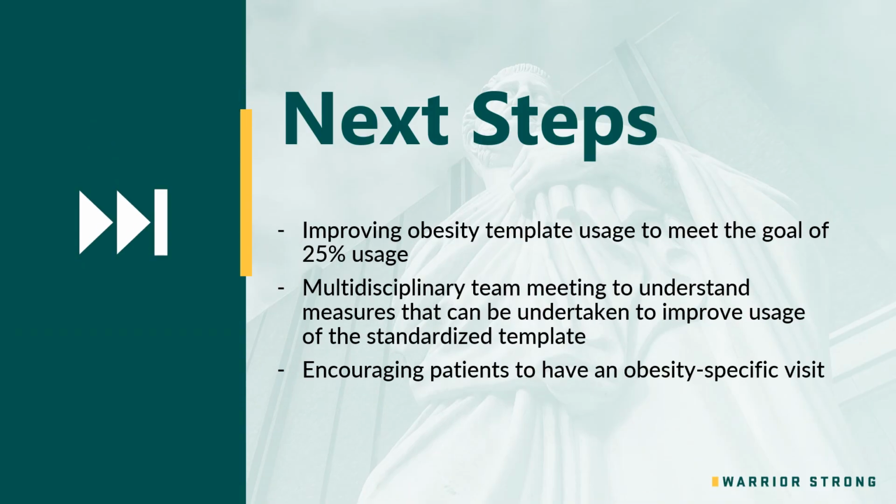Our next steps include improving obesity template use to meet our original goal of 25%. We'll have multidisciplinary team meetings to understand what measures can be taken to increase the template usage, and we'll be encouraging patients to have an obesity-specific visit.